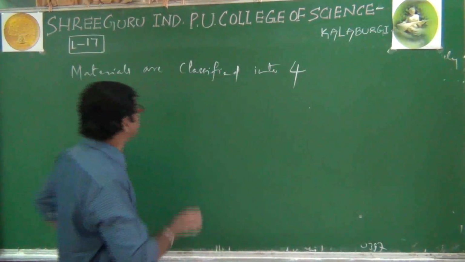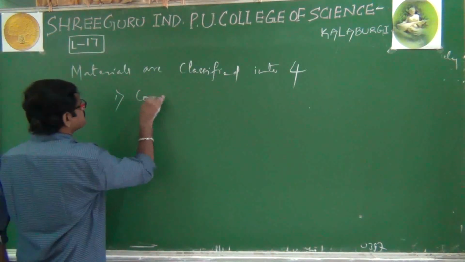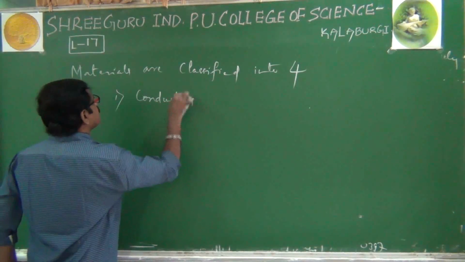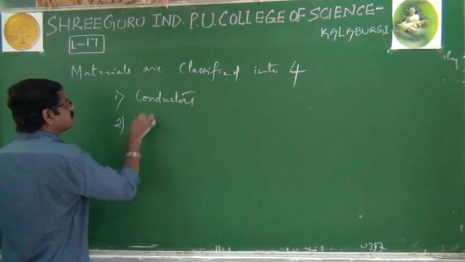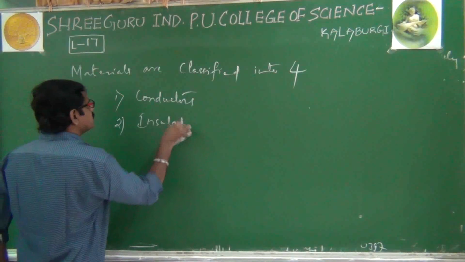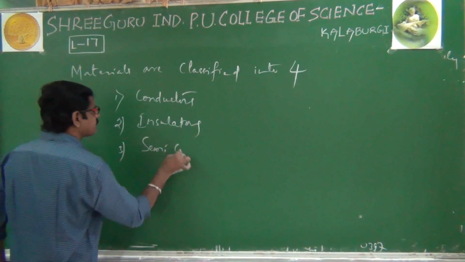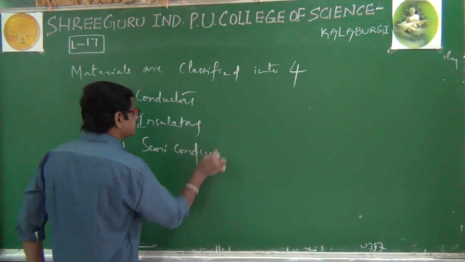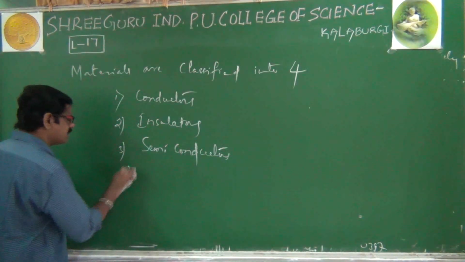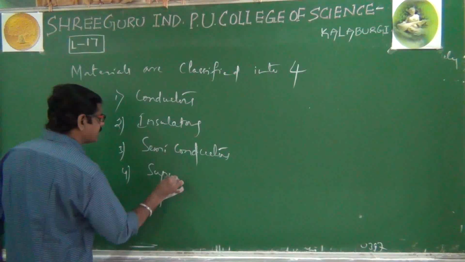Number 1, conductors. Number 2, insulators. Number 3, semiconductors. And number 4, superconductors.